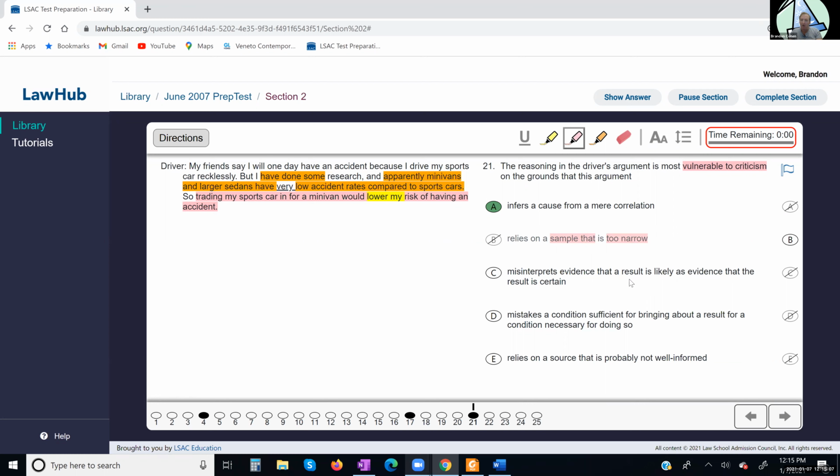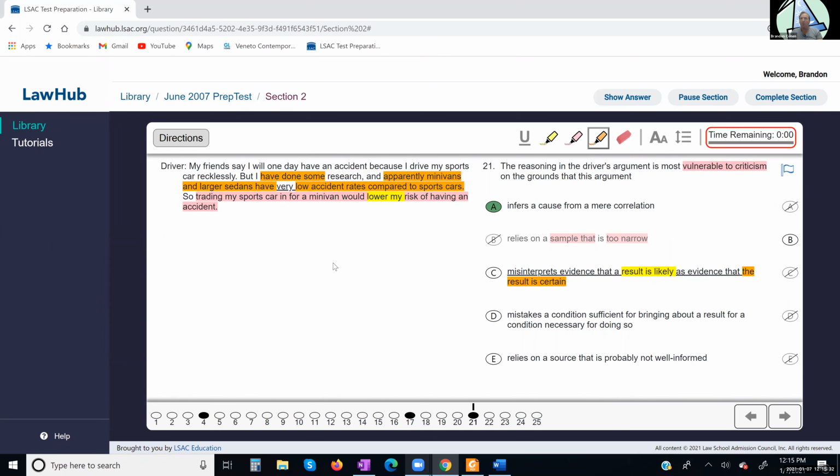C: misinterprets evidence that a result is likely as evidence that the result is certain. Okay, so misinterprets blank as blank is going to be describing the jump, that third type. So they're jumping from likelihood to certainty. They do not have evidence about likely to saying certain.